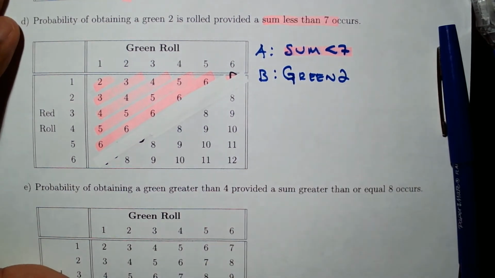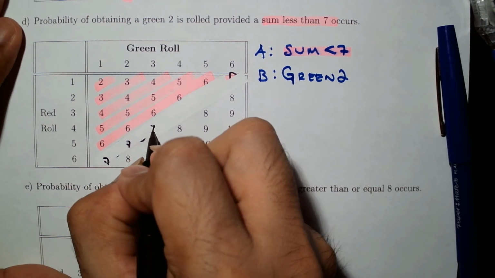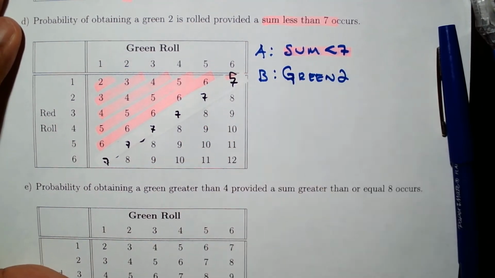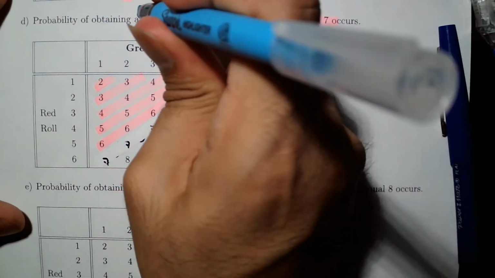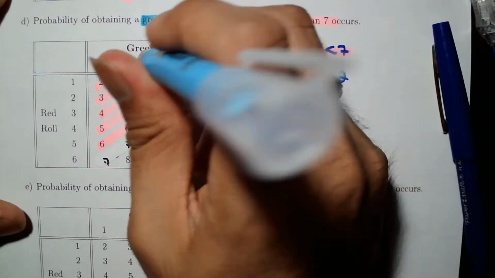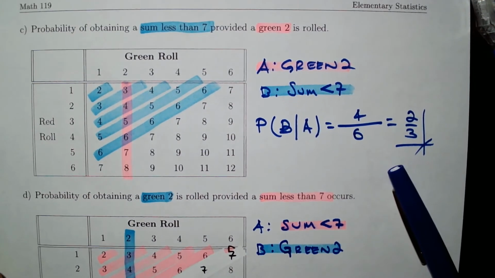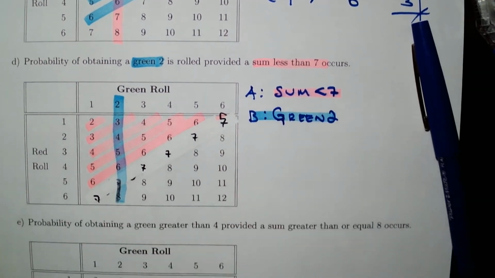And let me put 7s manually. Okay, those are the 7s. Alright, so that's sum less than 7 and green 2, which I'm going to use blue for that. Notice the shadings look exactly the same, but different color because the order of the events is now reversed.